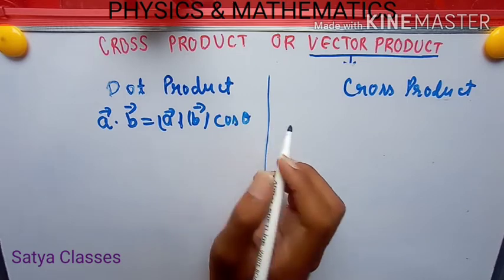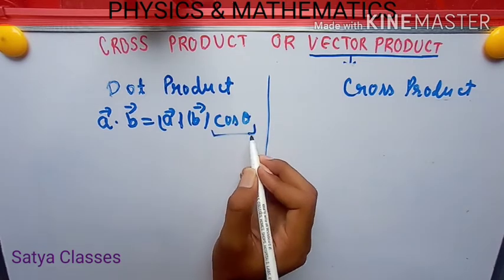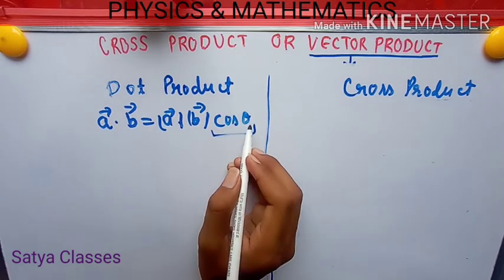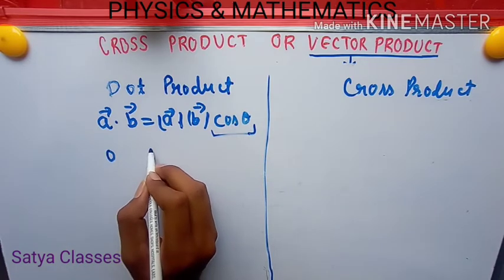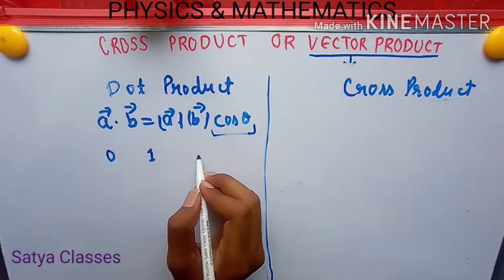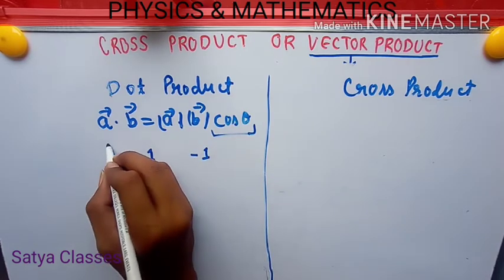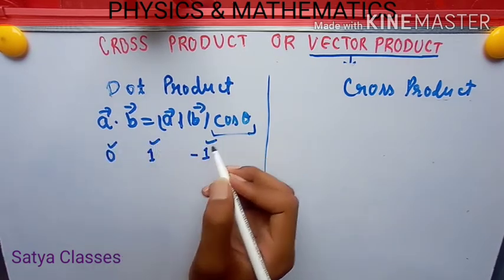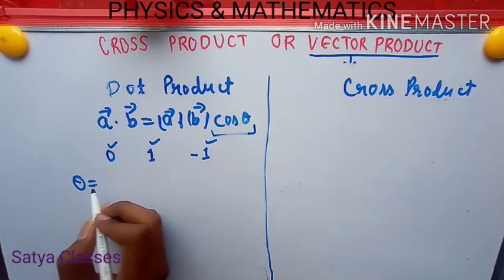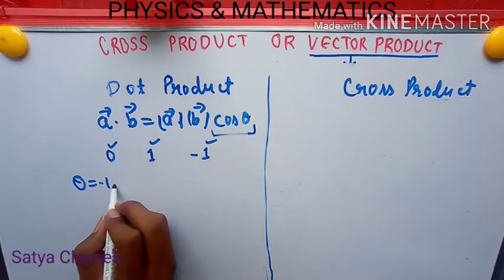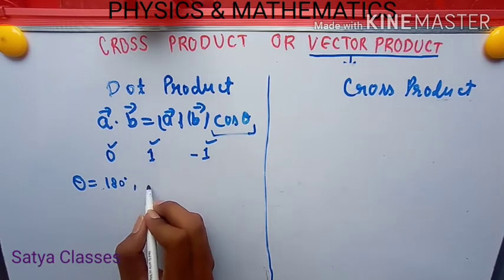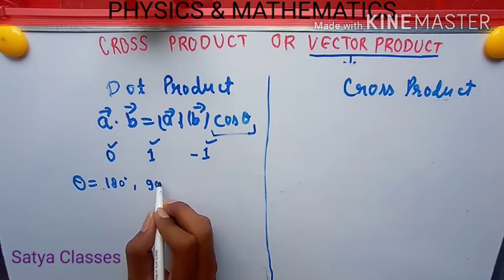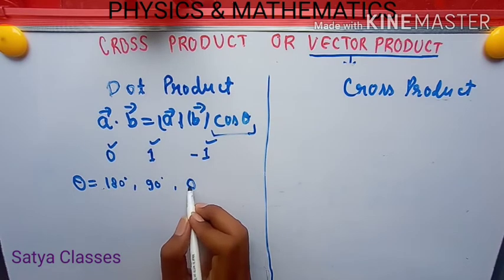Now you know about the values of cos. Sometimes it gives you 0 and sometimes it gives you 1, and also it has the power to give -1. So I will discuss 3 points. Okay, means I am going to discuss the theta angle for 180 degrees, 90 degrees and 0 degrees.